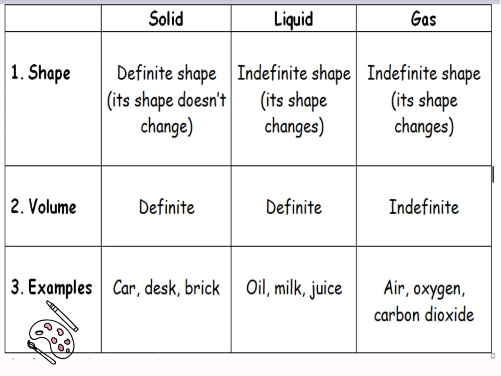The volume of liquids is definite. Examples of liquids are oil, milk, and juice. Last one is gas. We said gases have indefinite shape, which means that its shape changes, and they also have indefinite volume. Some examples of gases are air, oxygen, and carbon dioxide.